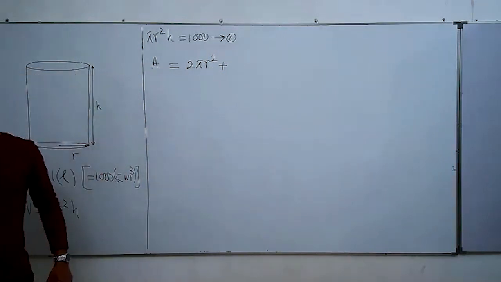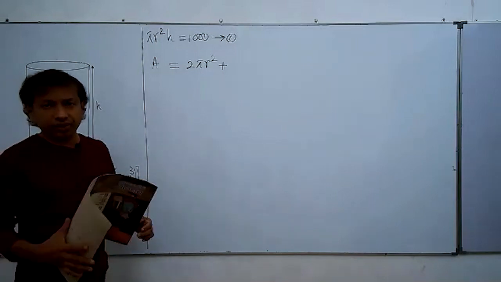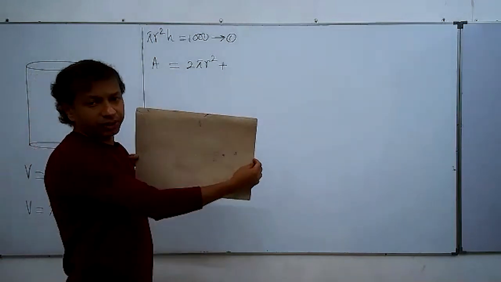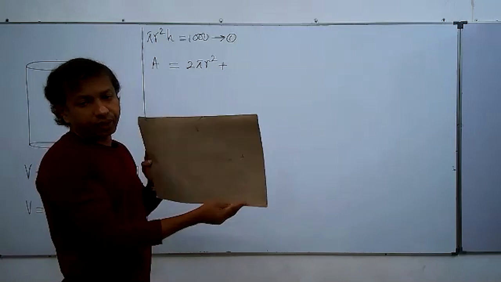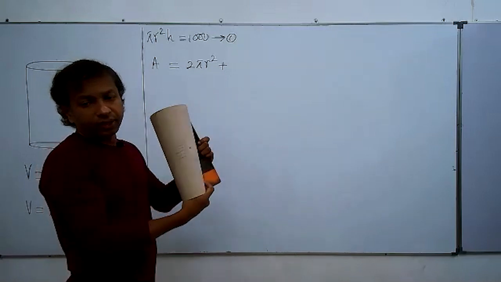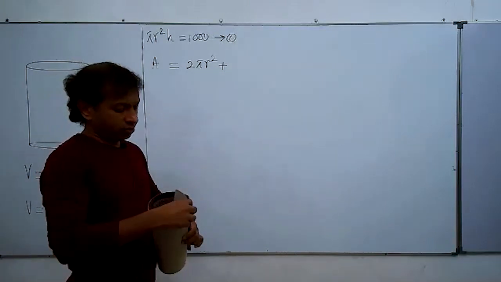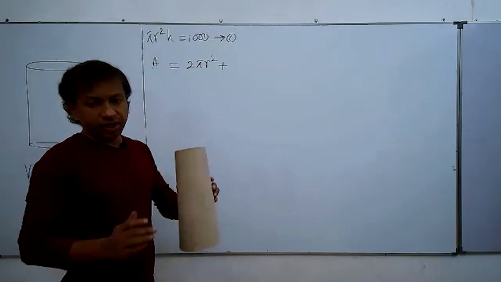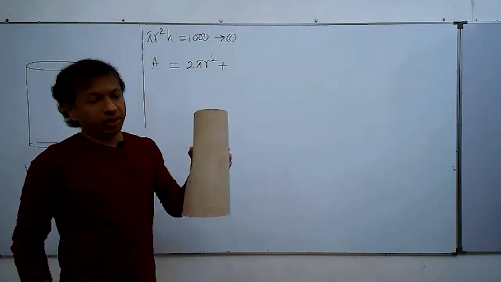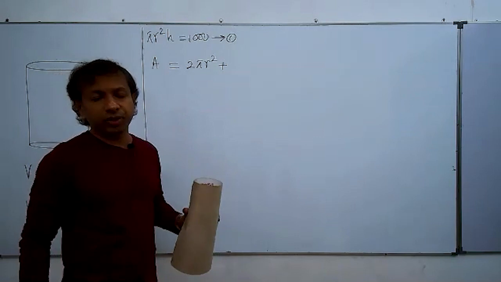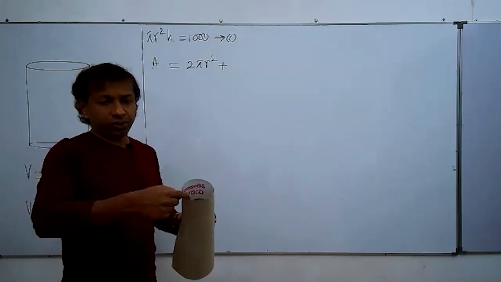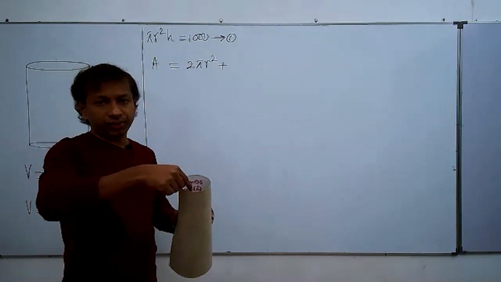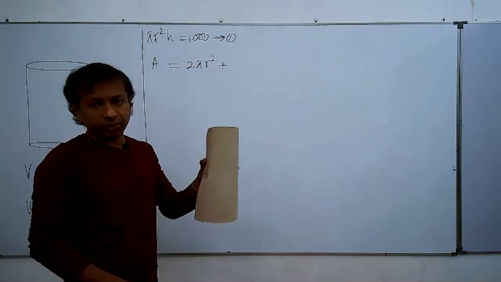People, when we consider this sheet, it's a rectangle at the moment, right? When you fold it like this, this is a cylinder now. The area of the cylindrical part means the whole circumference into height.